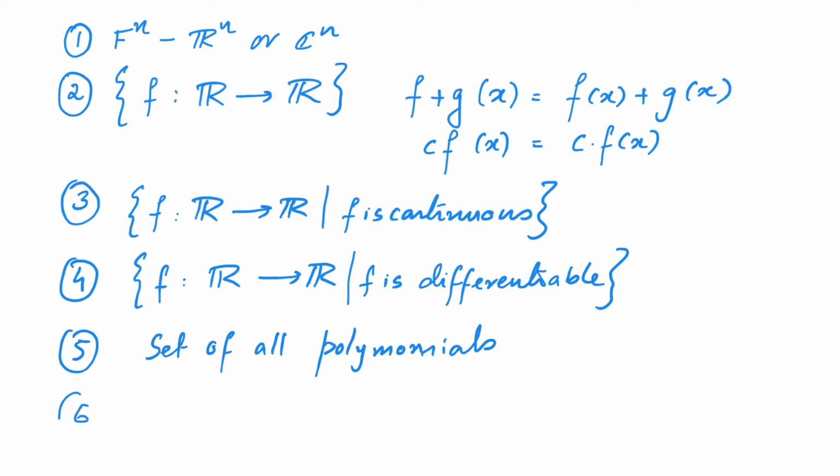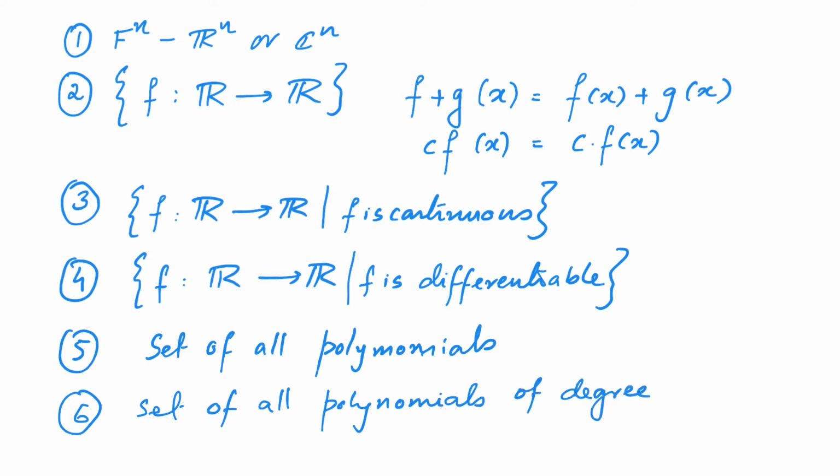We can look at the set of all polynomials of degree less than or equal to n. Notice that if you take two polynomials that have degree less than or equal to n, their sum will also have degree less than or equal to n. Therefore, the set of all polynomials of degree less than or equal to n forms a vector space.